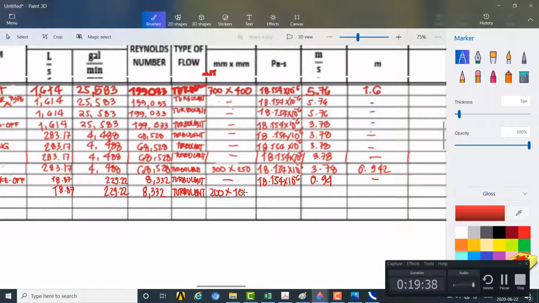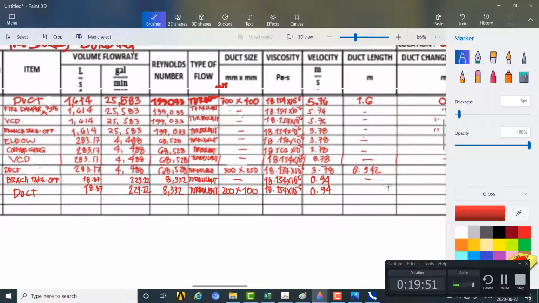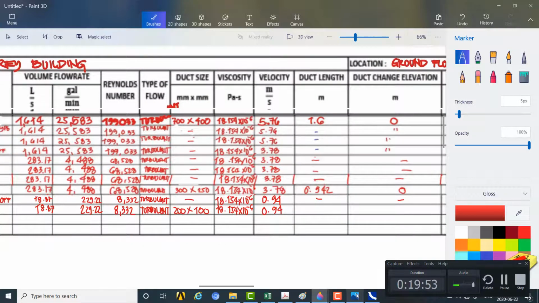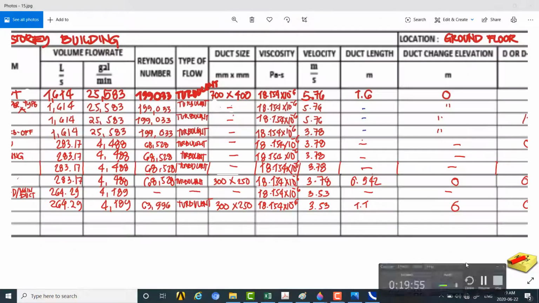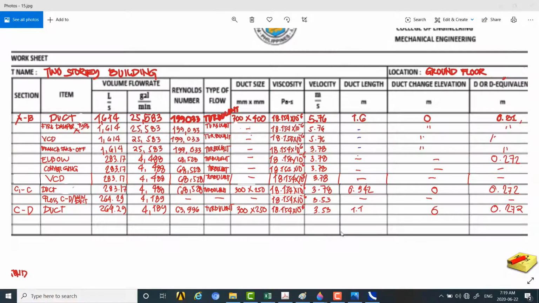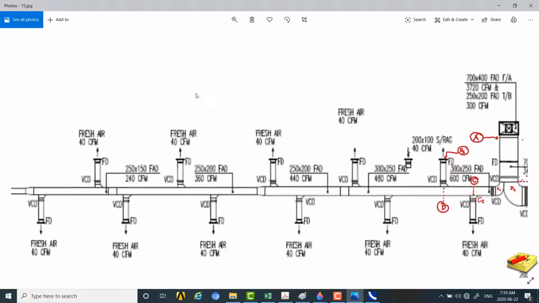200 by 100. Then we have your viscosity of your air, 154 times 10 to the power of -6, and you have the velocity of 0.94. Okay. Then the duct length, we can also refer to and import the value from our previous data, which is 1.1 meter.